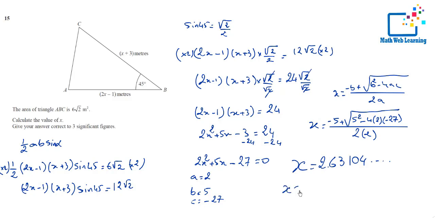So x is equal to 2.63 to 3 significant figures, and that's how you do it. Okay, next question is question 16.